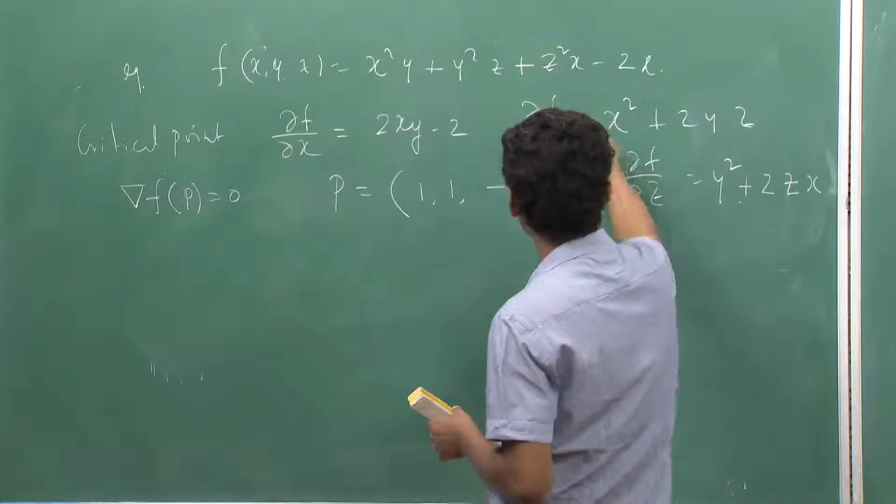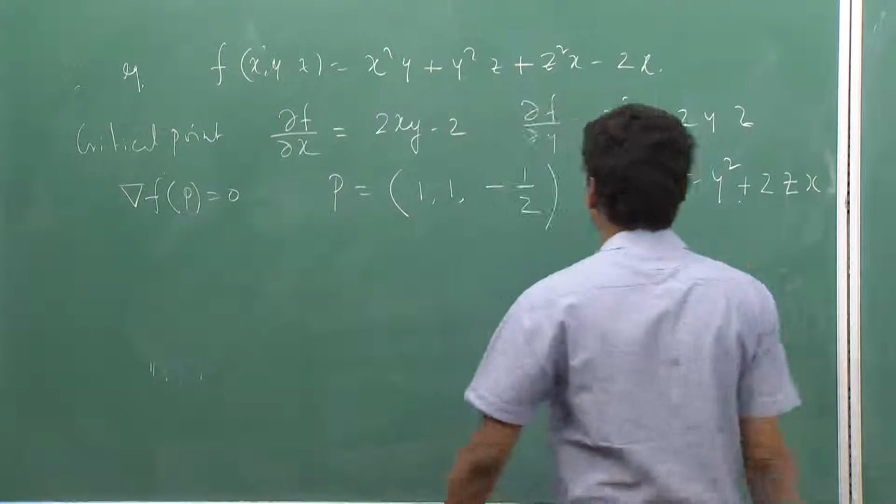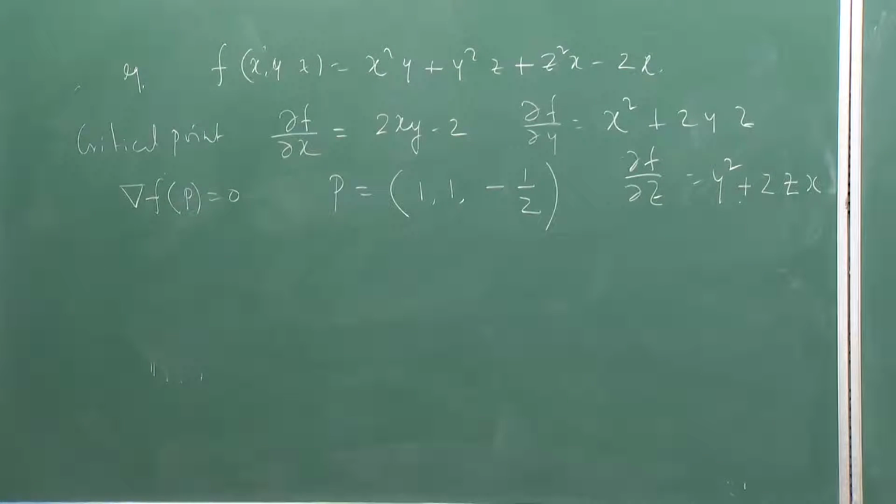Del f del z is y square plus 2zx. Yeah, that will give us this thing.